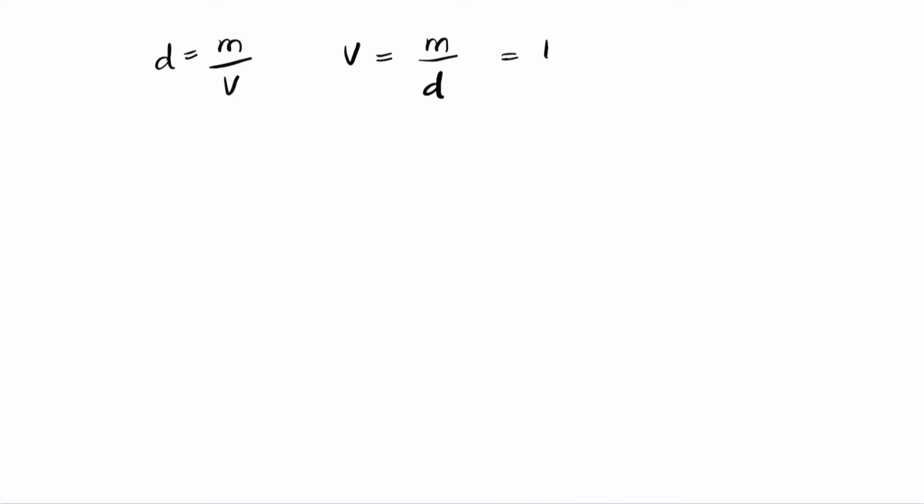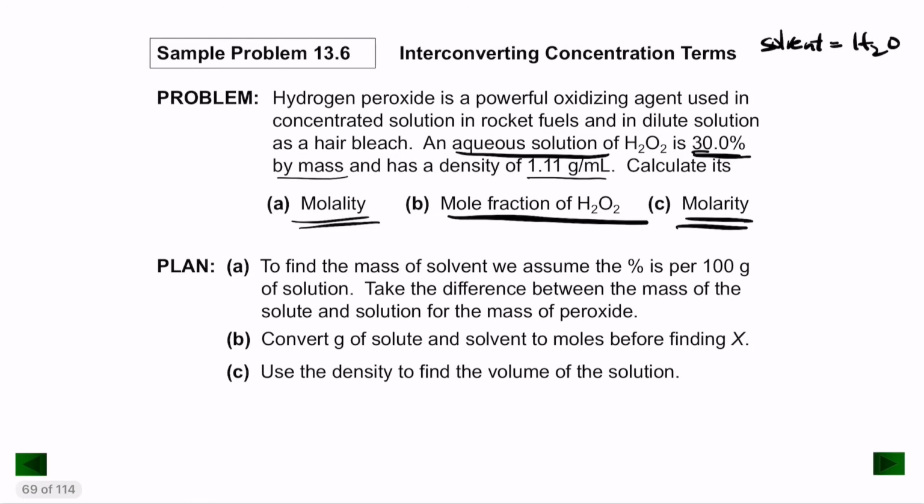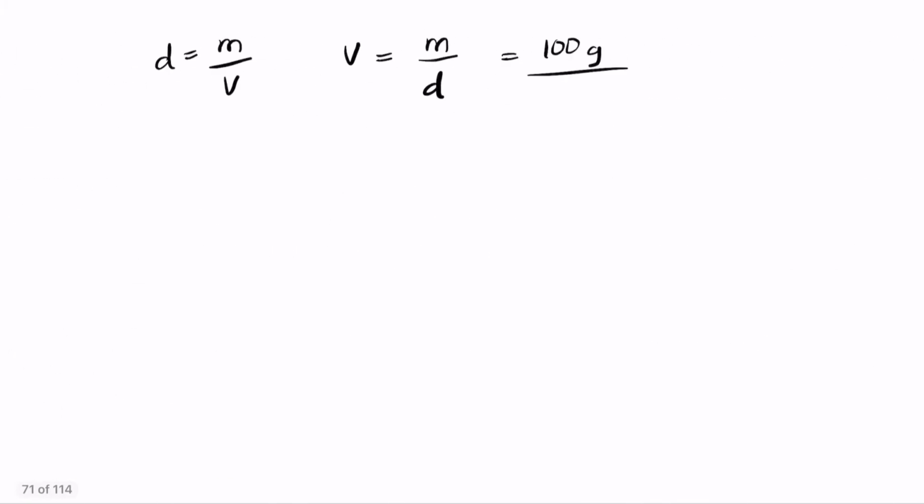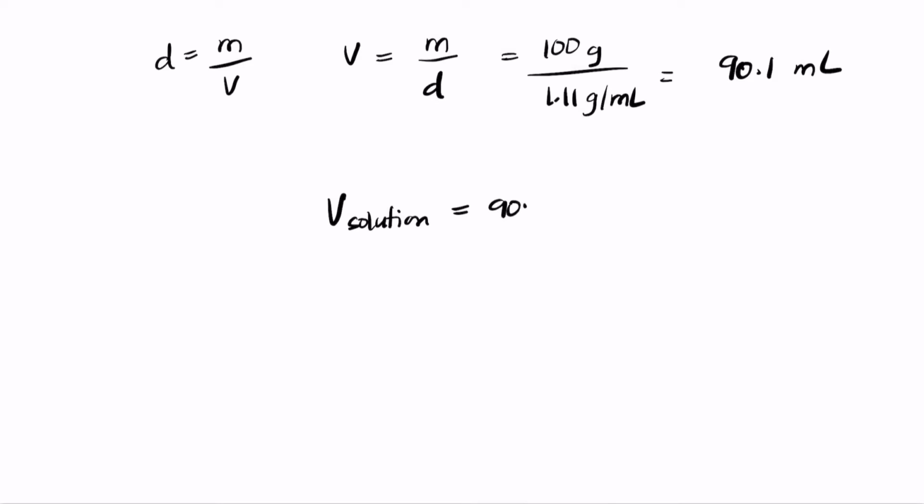The total mass of the solution is 100 grams. In the problem, it's given that the density is 1.11 gram per ml. So 100 by 1.11 gives you 90.1 ml. So the volume of the solution is 90.1 ml.